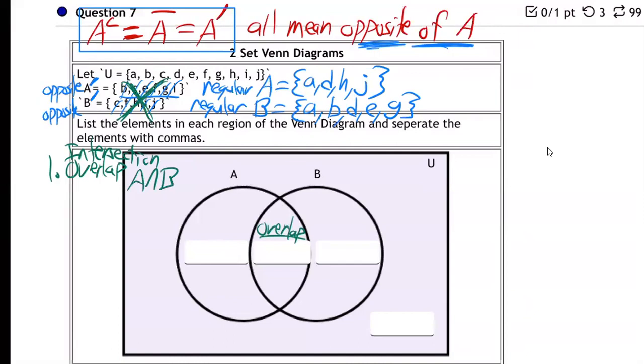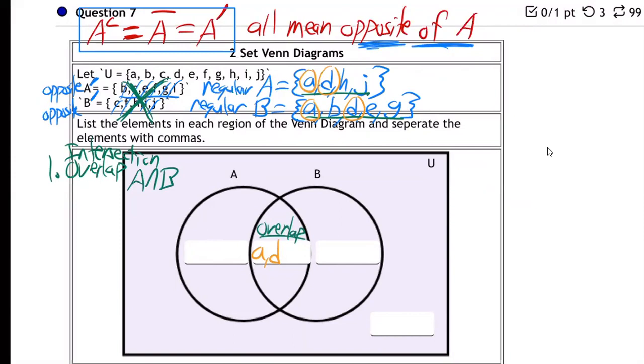I'm just going to work with the regular A and the regular B. Well, it looks like little a, they share in common. What else? Little d, they share in common. That's it, huh? H and J, they don't. Is that good? So there's the overlap.